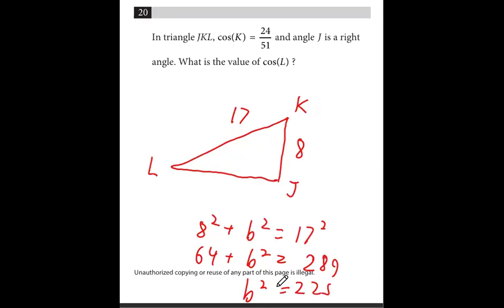We need to take the square root of 225, which is 15. So b is equal to 15. And so we're asked, so this can be 15. So we're asked what is cosine of L. So cosine of L would just be 15 over 17. And it's time.